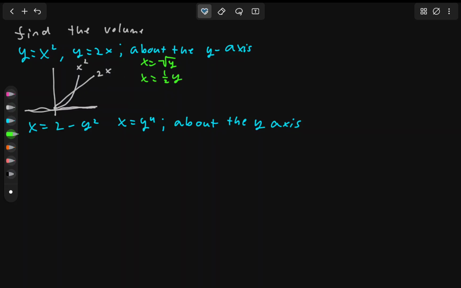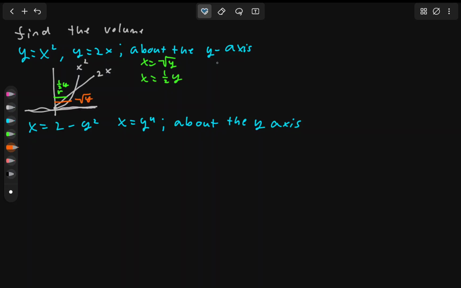Alright, and now that we have this in terms of y, we can now use these to find our radius. So our radius here, or our inside radius, or lesser radius, is just going to be 1/2 y. However, our greater radius, larger radius, is going to be the square root of y.